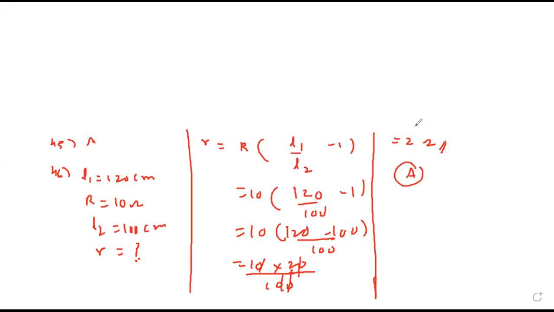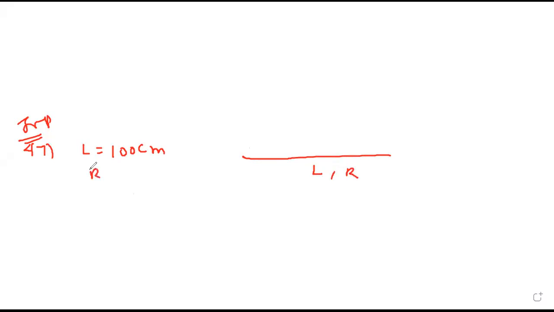47. The potentiometer wire of length 100 centimeter, wire's length I am writing capital L, has resistance of 10 ohm.